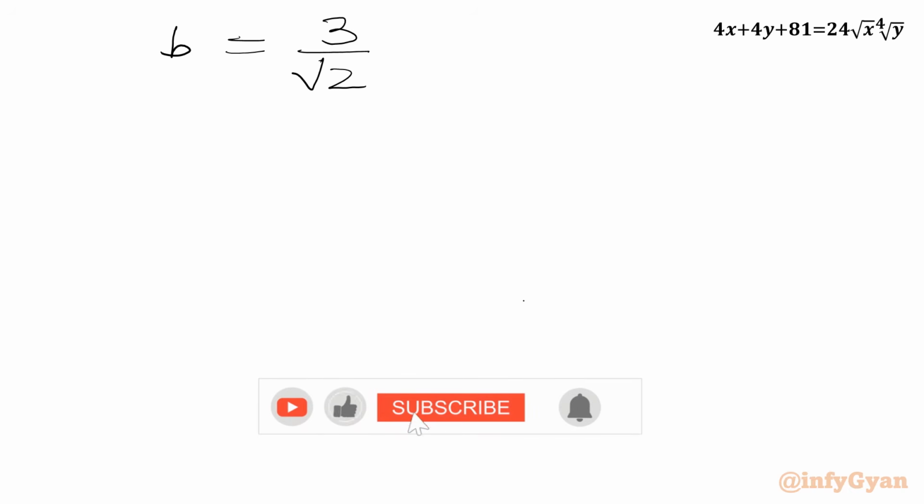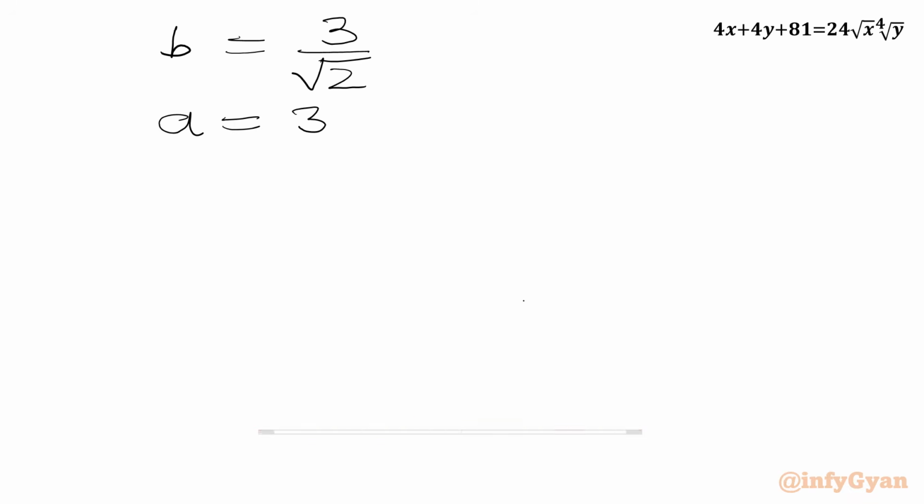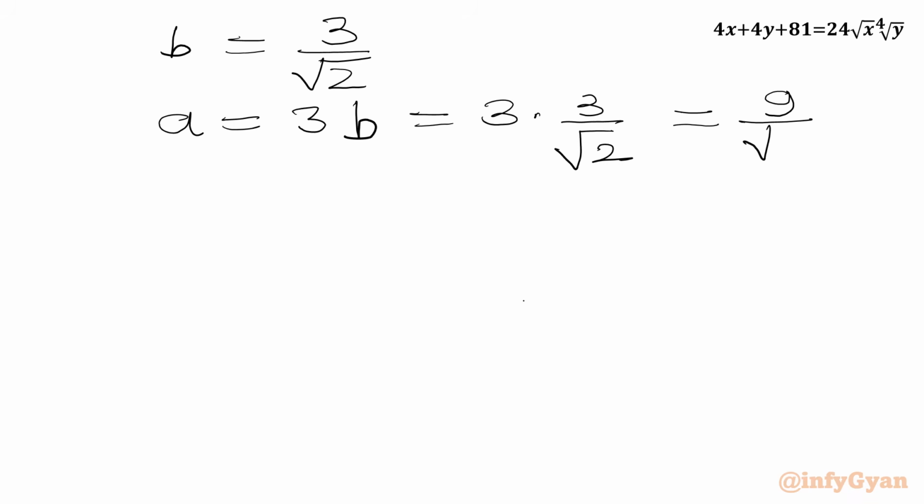Let me write here, b is 3 over square root 2. So we will find the a value, which is 3 times b. So we will write 3 times 3 over square root 2, which will give us a value 9 over root 2. Now we have a as 9 over root 2, b as 3 over root 2. We have to find x and y.